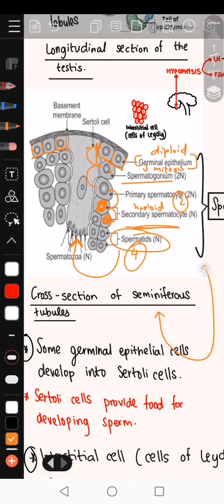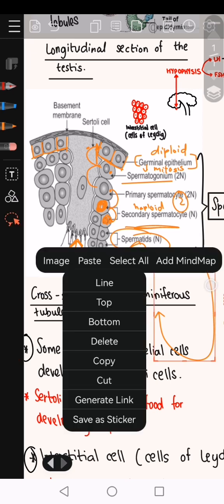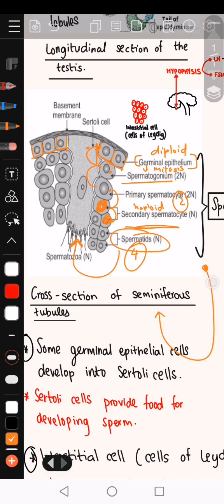So it's a process that happens like this. The diploid germinal epithelial cells undergo mitosis to give the diploid spermatogonium. The diploid spermatogonium will then undergo growth to give us the diploid primary spermatocyte, which will undergo meiosis and give rise to two secondary haploid spermatocytes.